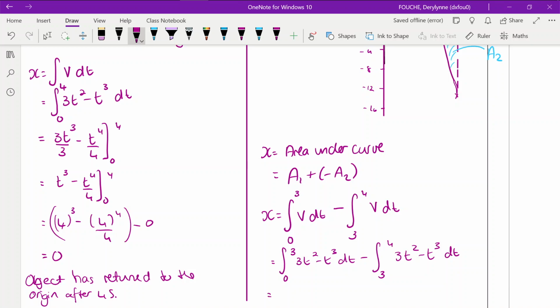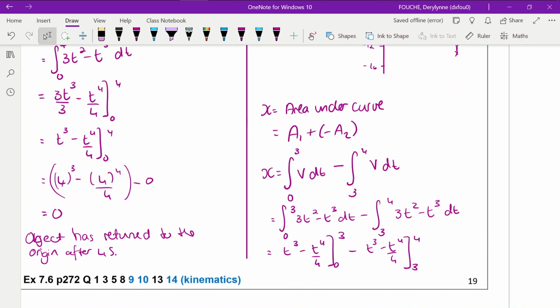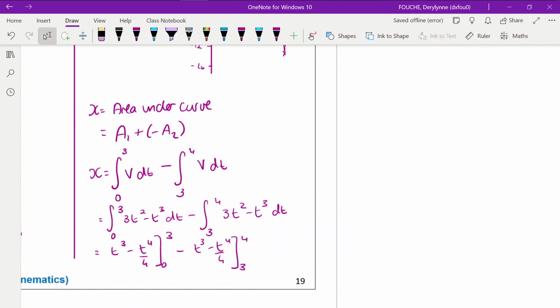And I have t cubed minus t to the 4 over 4 from 0 to 3, minus t cubed minus t to the 4 over 4 from 3 to 4. I'm just going to go on over here because I'm running out of space.